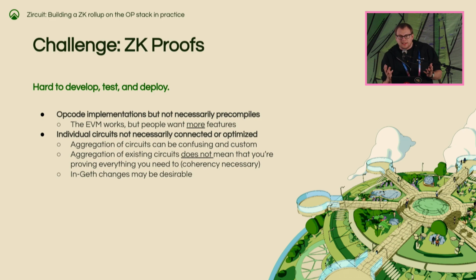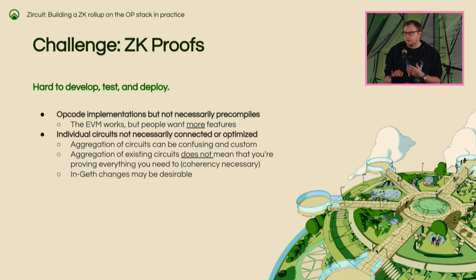But beyond the OP stack, once you get all the OP stack parts in the way that you want them and you sort of get your optimistic stack in a row, you then have to bring in zero-knowledge proofs, and this becomes challenging for other reasons. There's no one out there, as far as we know, that has a nice open source representation of things that just automatically works out of the box with the OP stack, so you have to do things differently, right? If you're using circuits that someone built, they may not be using the same version of Geth.